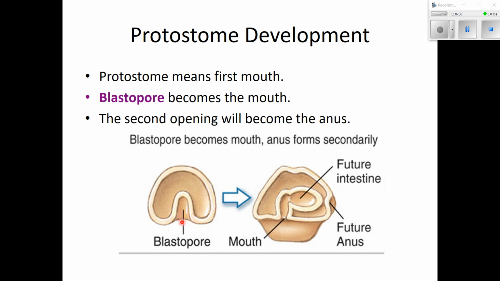So if we're talking about a protostome, if we're talking about an insect or a worm, when the archenteron folds in to make what will become the digestive tract, the first opening, the blastopore, becomes the mouth. And then eventually, when this becomes a tube that goes all the way through the body, the anus forms later. So protostomes have a mouth before they have an anus.